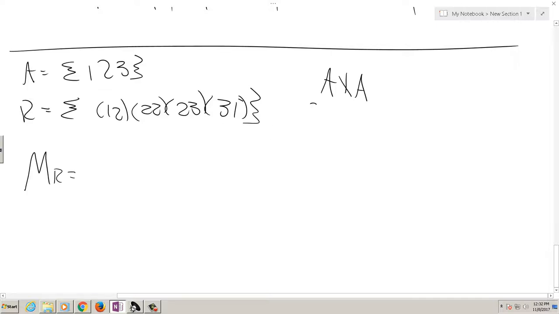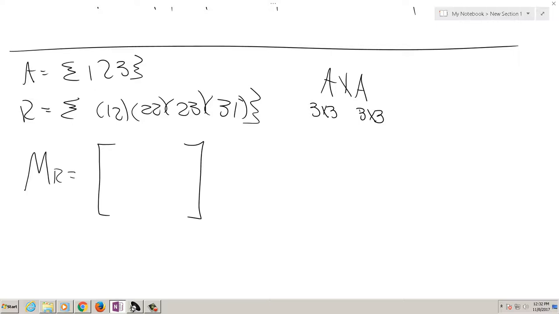So if this is a 3 by 3 and this is a 3 by 3, we're going to find out that the answer is a 3 by 3. And we said that the way I define the elements of a matrix is that each one of the ordered pairs maps to a position in the matrix. So if there are 4 ordered pairs, how many ones? 4. I'm not guaranteeing they're in the right place, but there are 4, no more, no less.